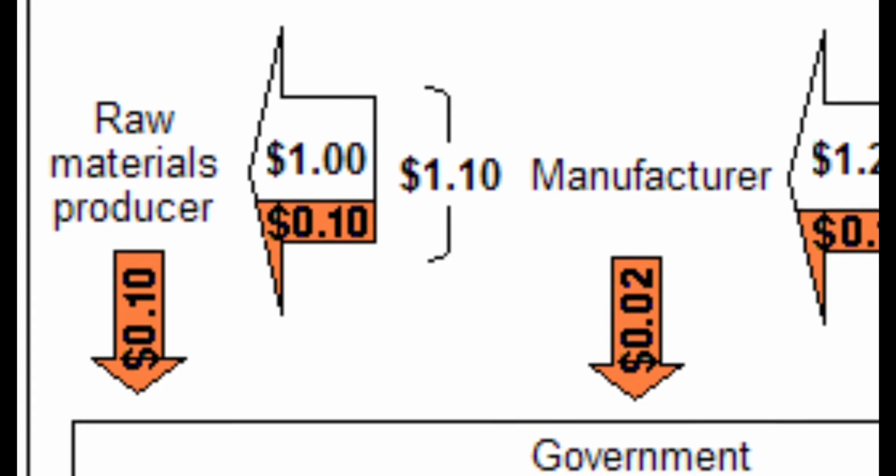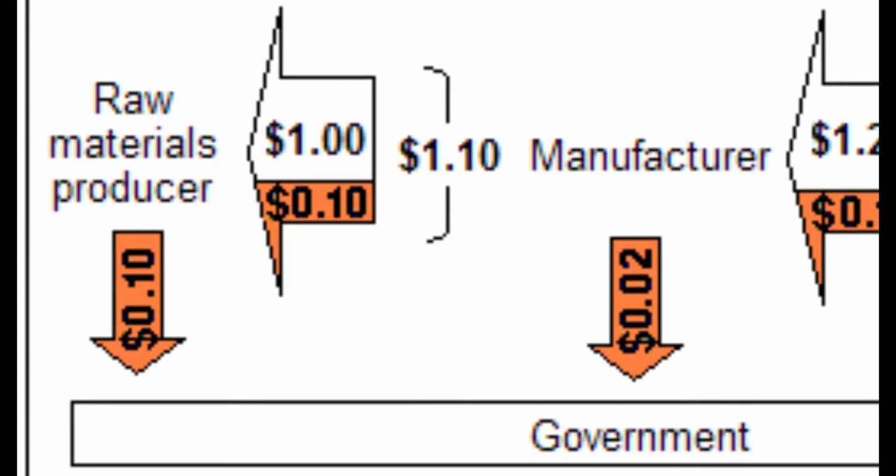But in this example, since it's a value added tax, that is, tax is charged at each level of value addition, the raw material producer will also charge 10% tax. So the raw material producer will not charge him only $1, but also $0.1 tax. Effectively, he will invoice the manufacturer for $1.1. But remember that excess $0.1 of VAT which the raw material producer collected from the manufacturer, he will not keep with himself.